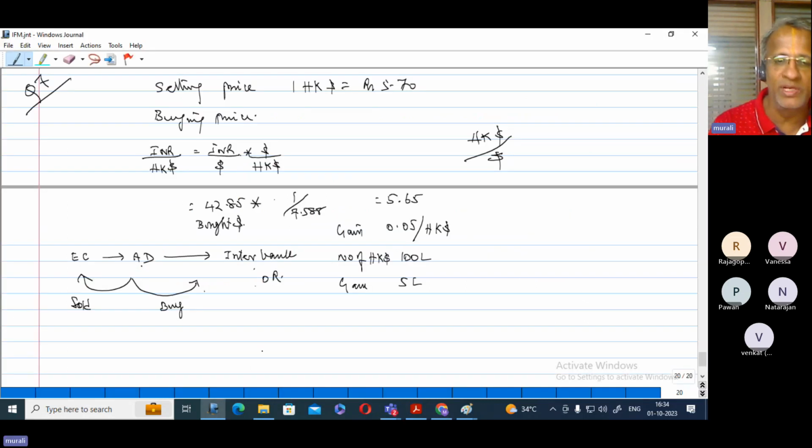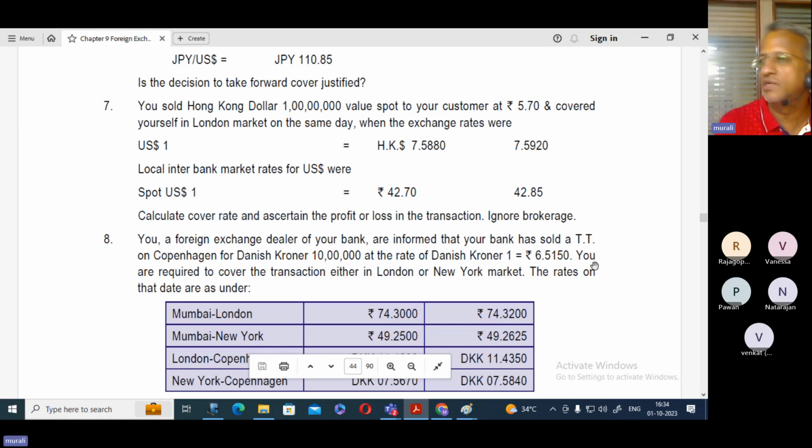And when the computation came to us as an approximated figure of 5.6471, if you keep that, then 5.70 should give you 0.0529, which would mean 5.29 lakhs of rupees. That is what had come.